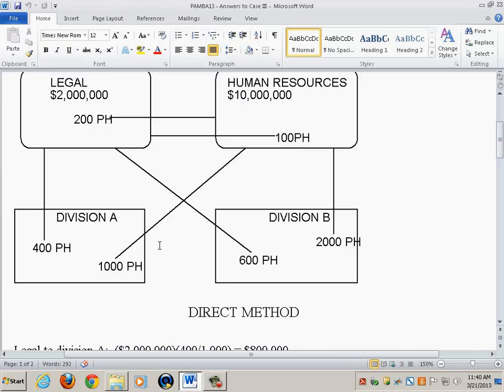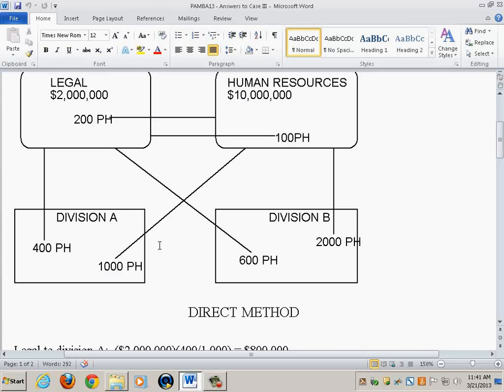So the units will negotiate what prices they pay to transfer the services to the other units. So Division A and Division B will negotiate with legal and human resources what they pay for human resource and legal services, and legal will negotiate with human resources and vice versa what they pay each other for those services.